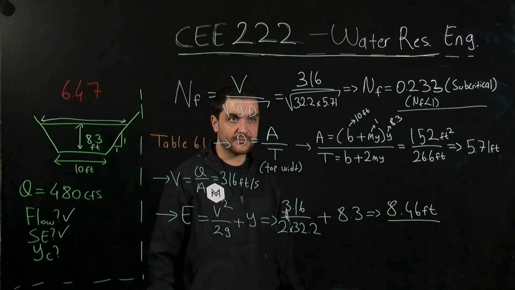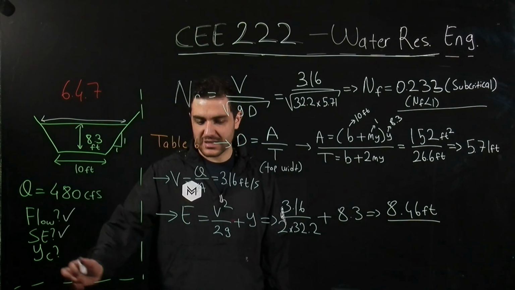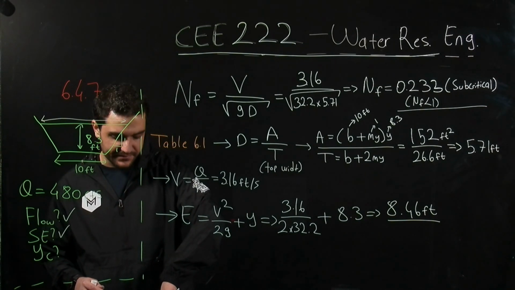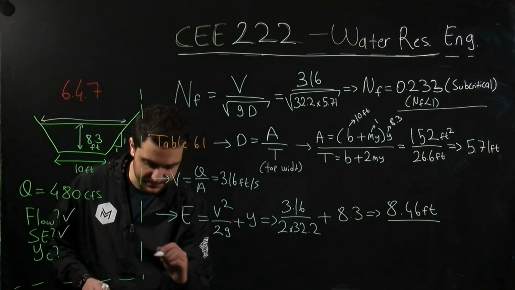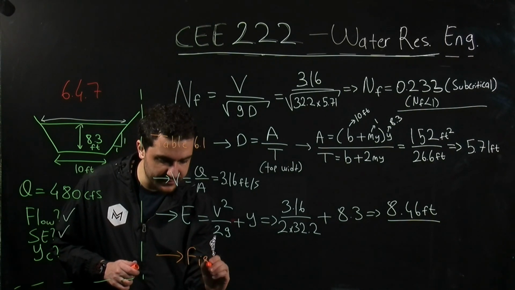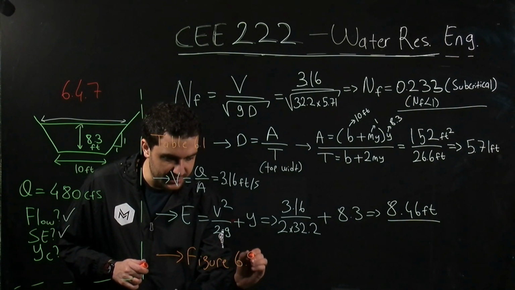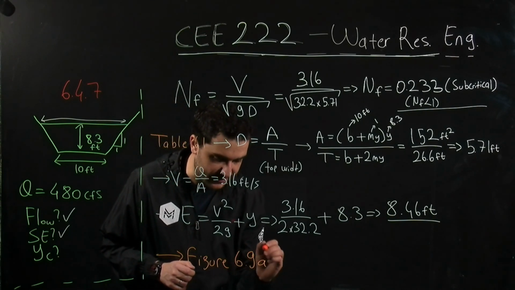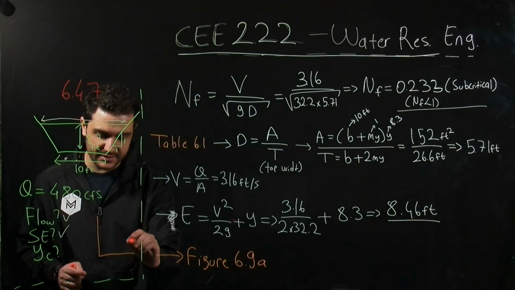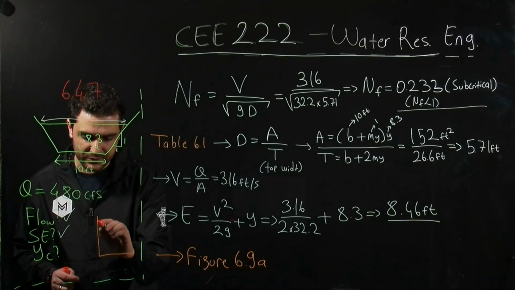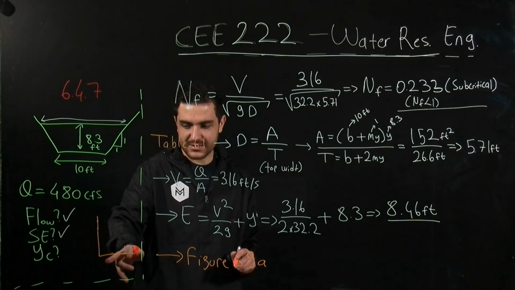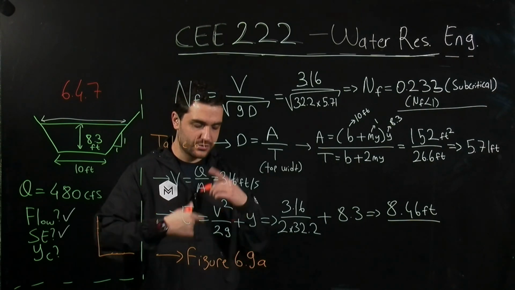And finally, now we need to find the critical depth. But the question says that we need to find the critical depth using figures. Let me use another color. Use figure 6.98. If you look at your textbooks, you will see a graph like this. Then we will have values here, and we will have values here. Based on the value on the x-axis, we can calculate this side or vice versa.